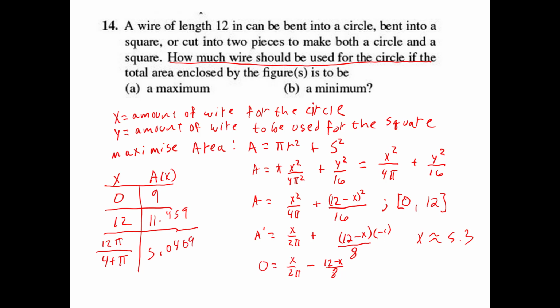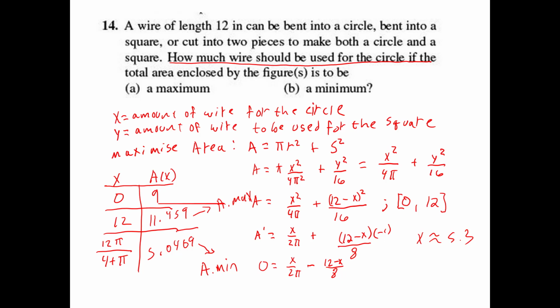Okay, and so then you can see that this is your absolute max. And this is your absolute min. So one of them was at the endpoints, the other one was at the critical point.